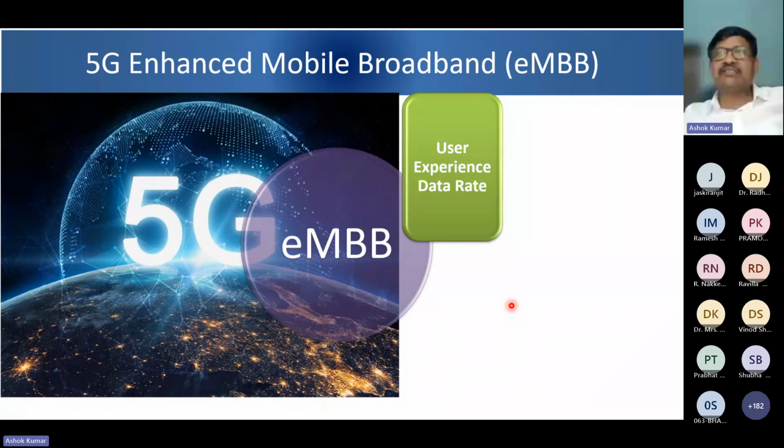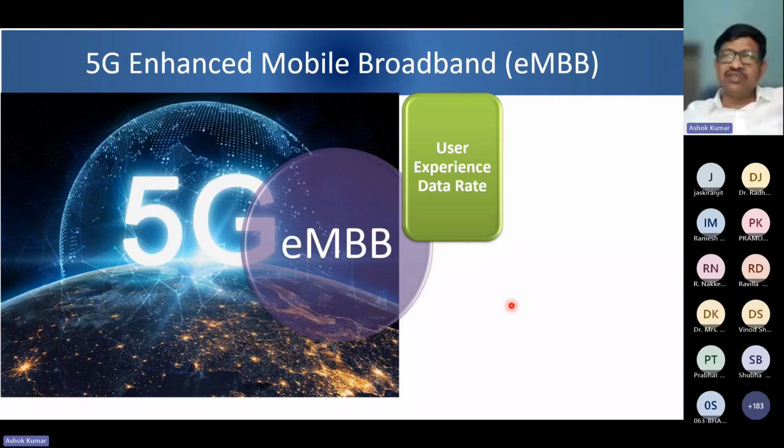If your total coverage is say 100% in a radius, go to the 95% point, and whatever data rate you get is called user experience data rate. So that means this is some sort of minimum data rate you will get even at the edge.